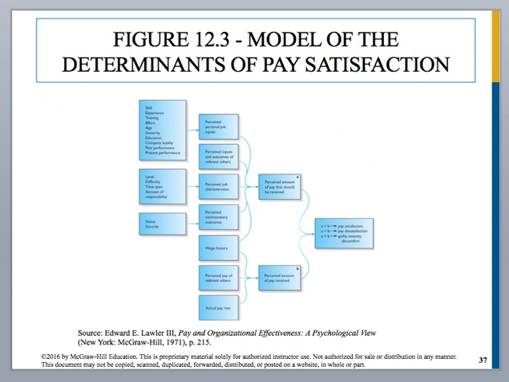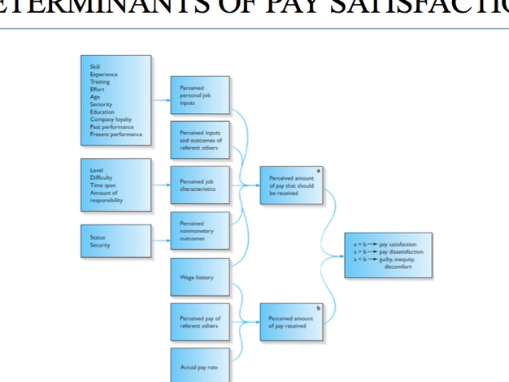I'm going to expand this. This is figure 12.3, the model of determinants of pay satisfaction, so you can see a visual of that. And you see where you have your skill, experience, effort, age, education, present performance, and how that factors into your perceived personal job inputs. And then you have the perceived inputs and outputs or outcomes of referent others. And then that factors into your perceived amount of pay that should be received, which then goes into either your pay satisfaction or dissatisfaction, any guilt, inequity, or discomfort that you may feel, as that's tied to your perceived amount of pay received.